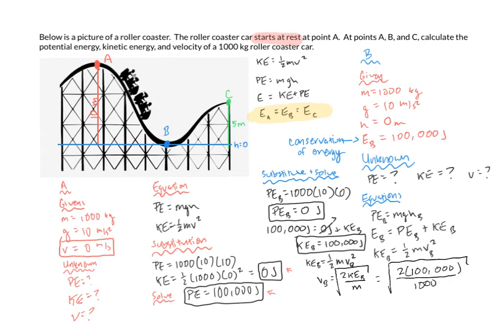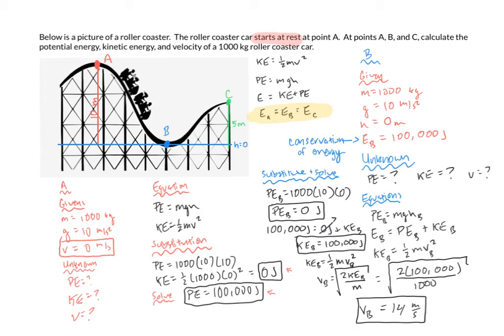If you don't believe me on this, you are welcome to either A, put in your numbers first, or B, try to solve for the speed at B yourself, isolate the variable on your own, and put in all of your numbers. When I put all of that in the calculator, I get that my speed at point B is 14 meters per second.